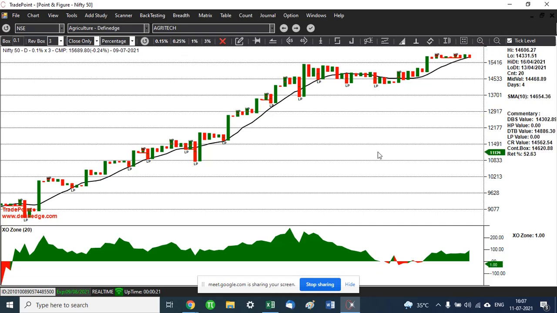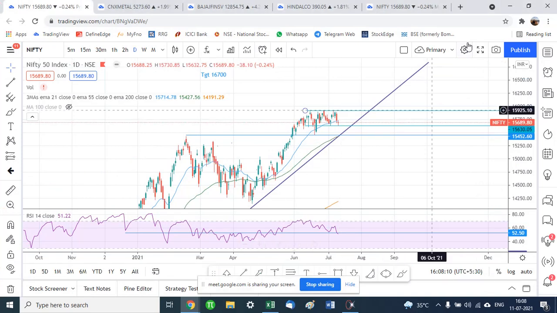This is generally the norm we use for stocks. For index, it's a little different. For Nifty, for example, we will use 0.1% because Nifty is less volatile than stocks. So we have different box values depending on the volatility. Stocks have higher volatility, so we consider box sizes as 0.25, 1%, and 3%. For Nifty, it's better to look at 0.1%.